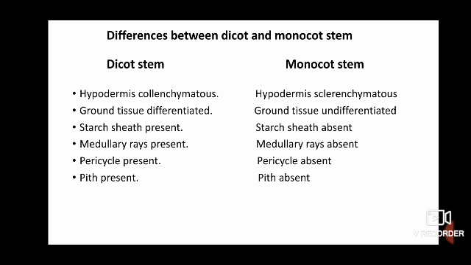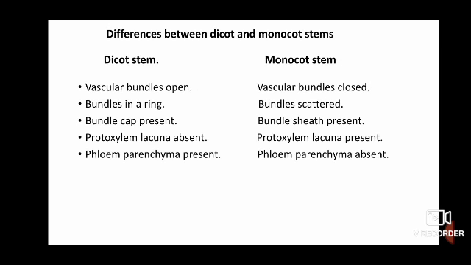In the dicot stem, a wide pith is present. In the monocot stem, there is no pith. In the dicot stem, the vascular bundles are in the form of a broken ring and they are arranged in a proper manner, and the bundles are open. There is cambium in between xylem and phloem.